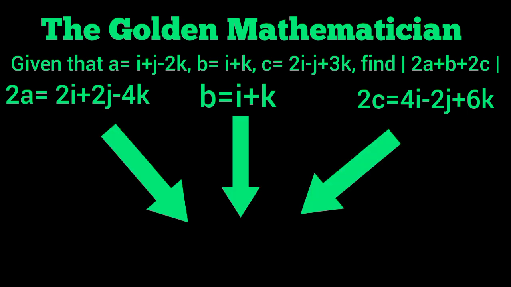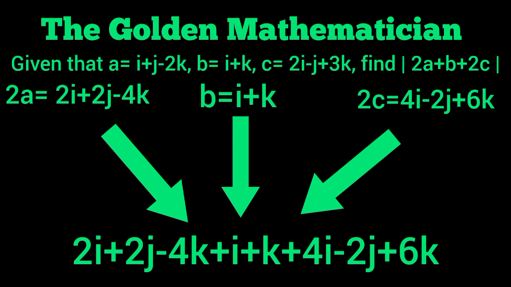Next step is to add the three vectors so they can become one. In case you did not know, vectors can be added together. Vector 2A plus vector B plus vector 2C is going to be 2i plus 2j minus 4k plus i plus k plus 4i minus 2j plus 6k.